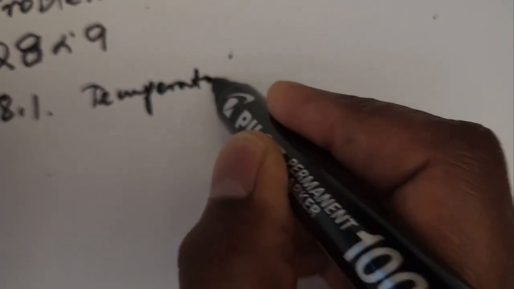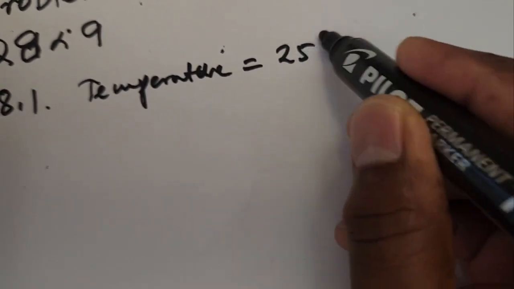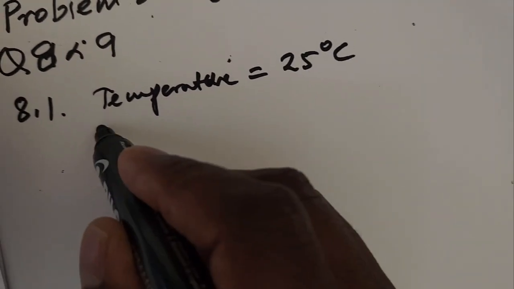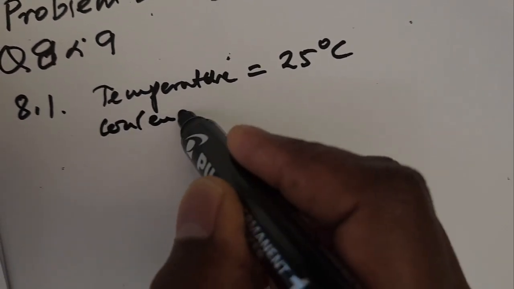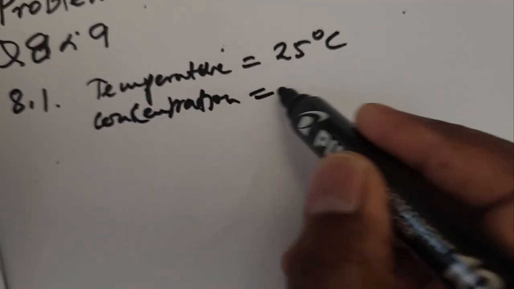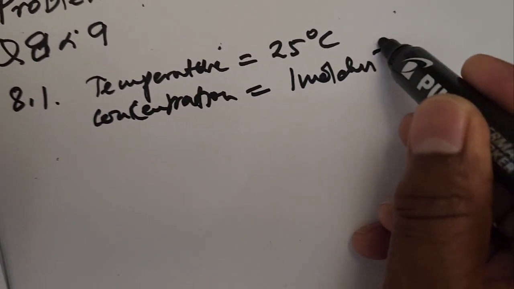So, the temperature should be 25 degrees Celsius. We can just write 25 degrees Celsius, that is fine. And then the concentration of the electrolytes should be 1 mole per dm cubed. Fine.